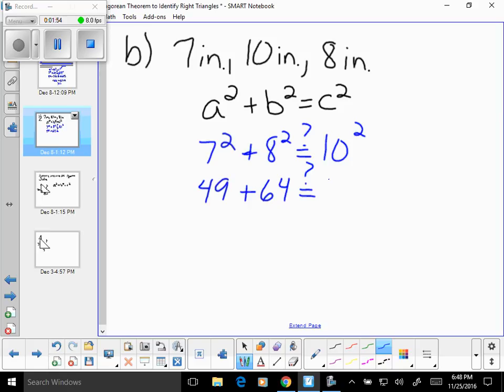Is that equal to 10 squared, which is 100? If I add 49 and 64, I'm going to get 113. And no, that is not equal to 100. So 7, 10, 8 is not going to be a Pythagorean right triangle.